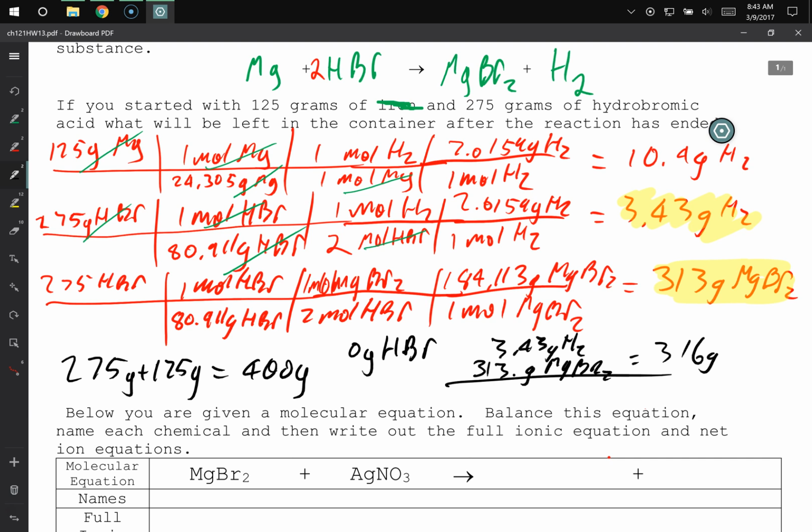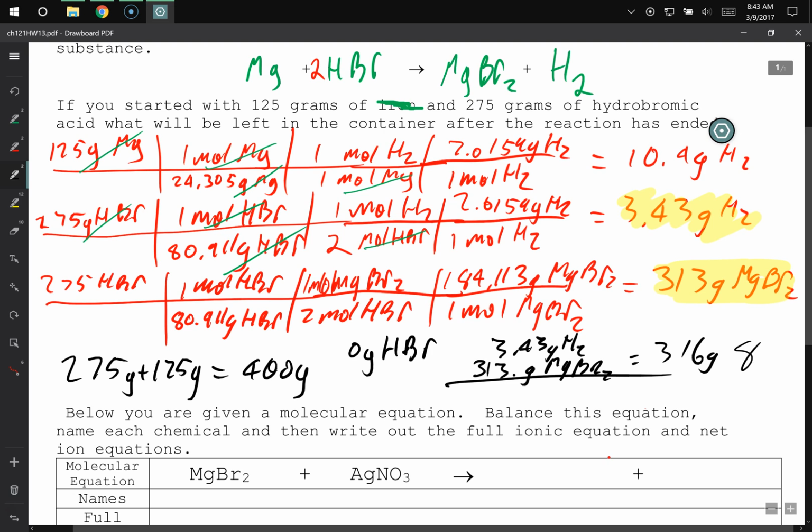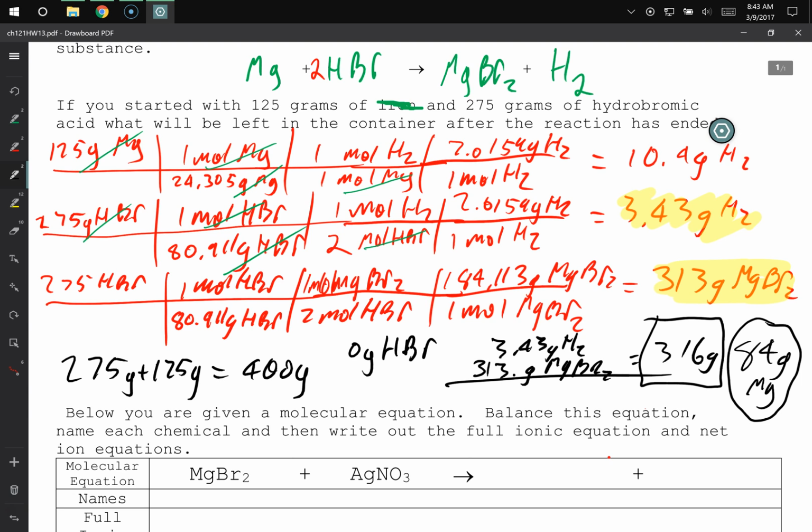So how much magnesium is left? 84 grams of leftover magnesium. How do I know that? Well, I know I just made this much new stuff, and I completely ran out of hydrobromic acid, so the rest of the 400 grams must be my leftover magnesium. That sound good?